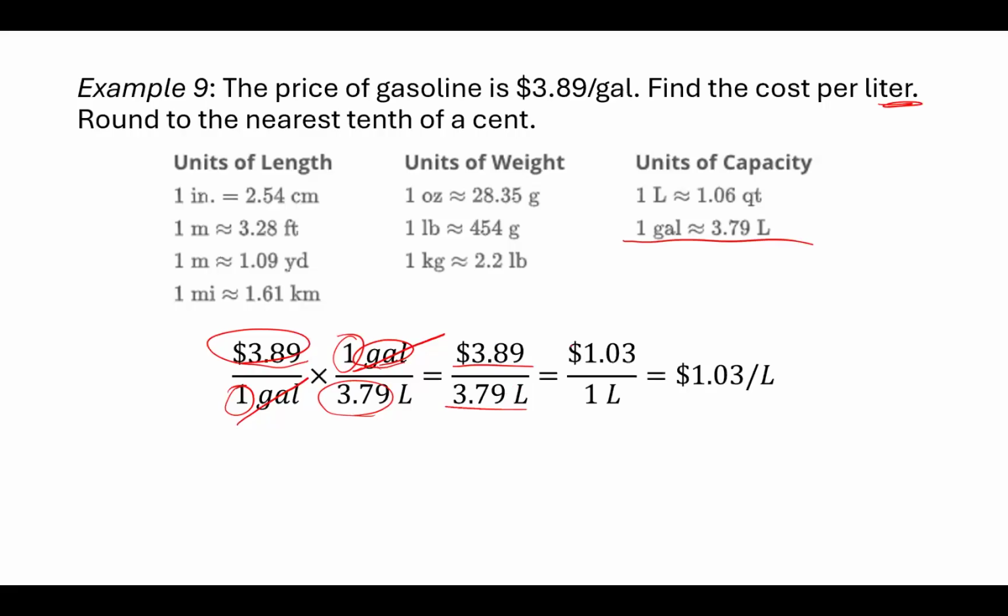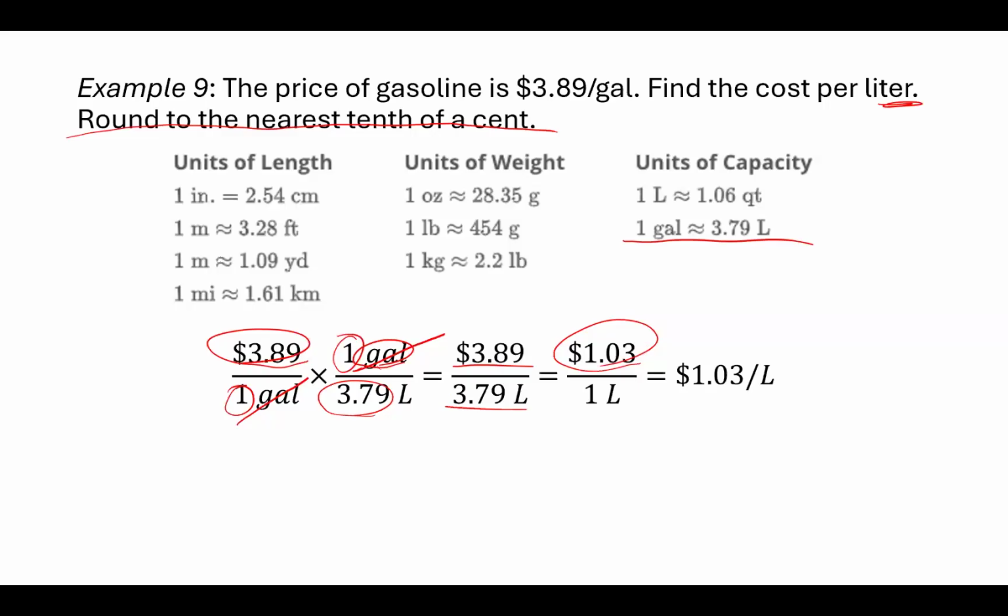Now, although this is correct, we usually want to have a 1 on the bottom. I want to know how much 1 liter is in dollars. Then what you do is you make this division, 3.89 over 3.79, and put the answer on the top. And the answer, now this looks like it might be rounded. And this is the case since the question is asking me to round to the nearest cent. So that's what I have. Only probably there's more digits after the 3.